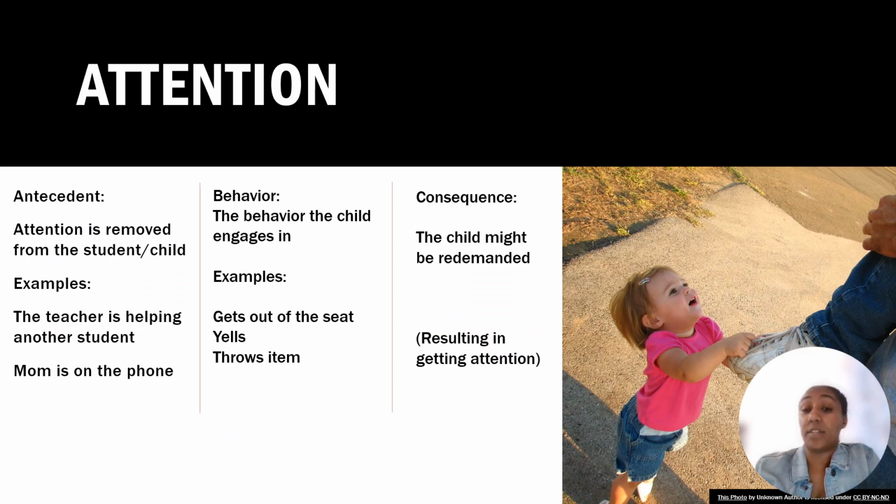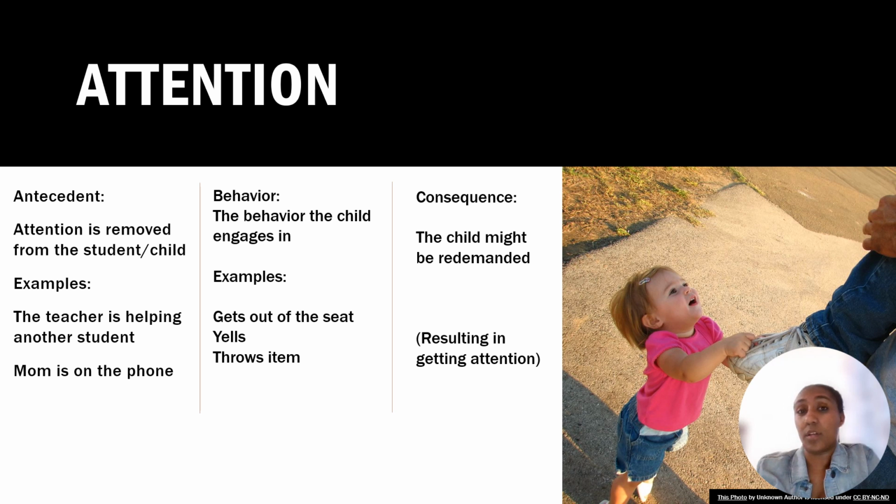Then we have attention. The antecedent could possibly be that attention is removed from the student or the child. Some examples would be the teacher is helping another student or mom is on the phone. When that occurs, the child begins to engage in behaviors like getting out of their seat, yelling, or throwing items.